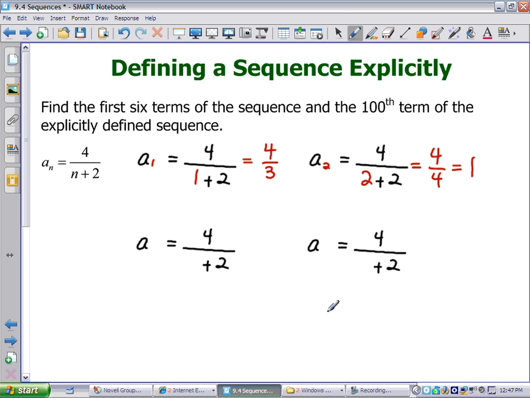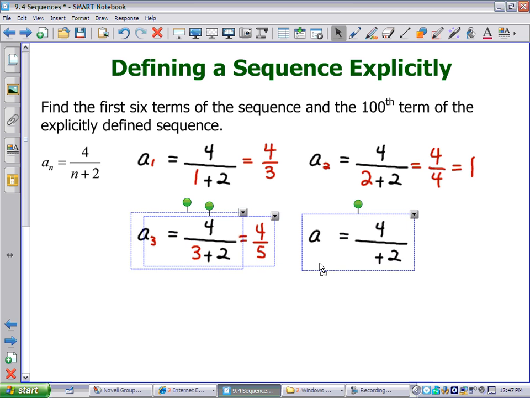If I plug in 3 for n, then I'm going to get 4 over 5. Need to clone this just a few more times here.